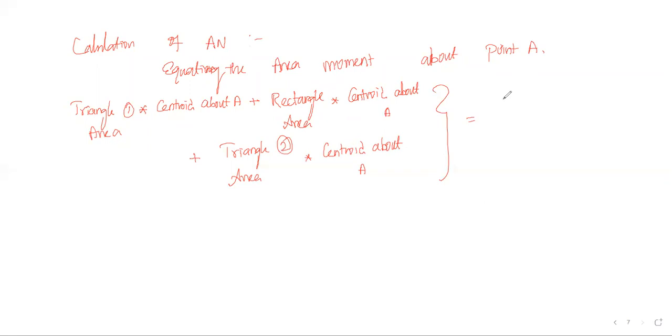The total area is a trapezoidal section, so (A plus B) divided by 2 into H. This is the total area, multiplied with the centroid of the entire section.